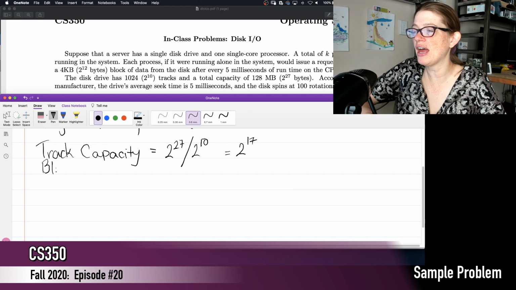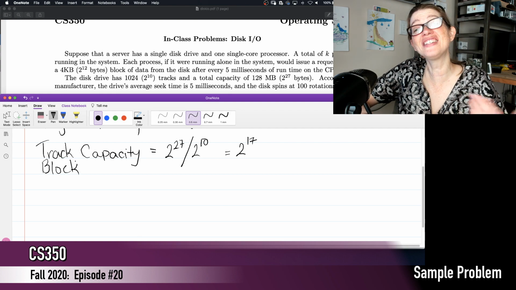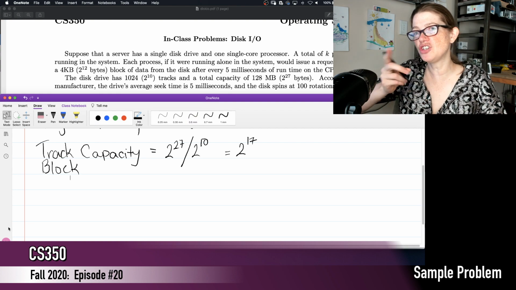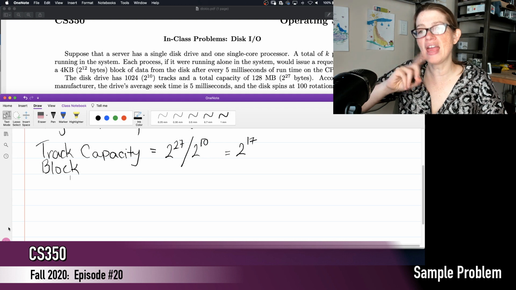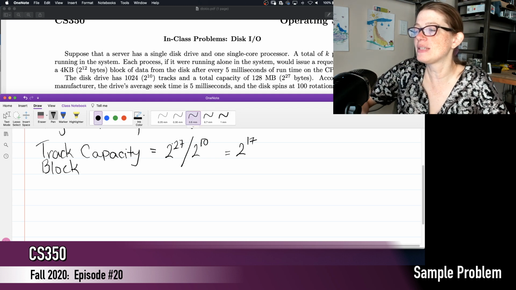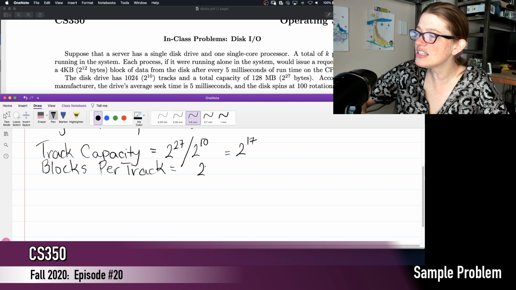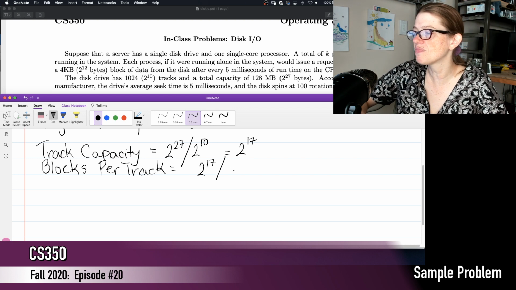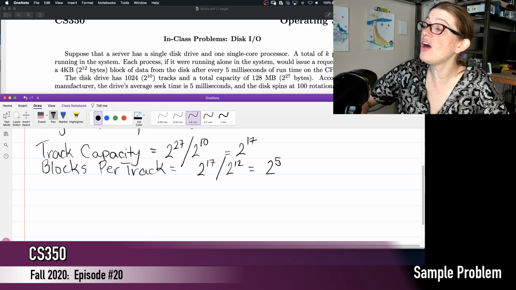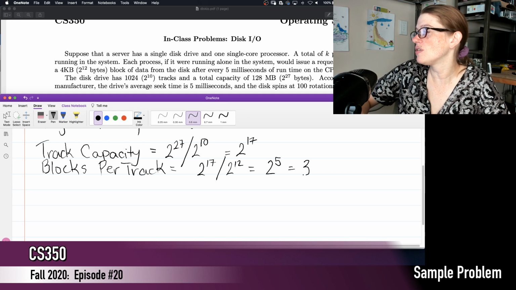Let's figure that out, because that's going to tell us what percentage of a full rotation we need to make in order to read through this block. So blocks per track, we're going to take the size of the track, which is the track capacity, and divide it by our block size, which is 2 to the 12. And we end up with 2 to the 5, which of course is 32.